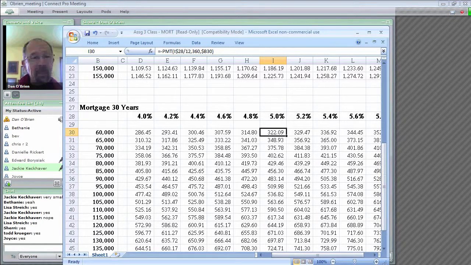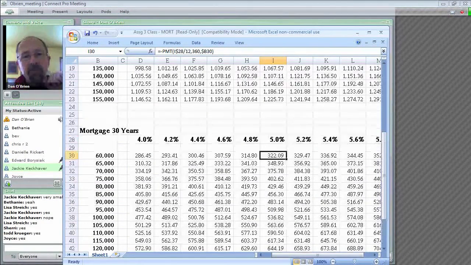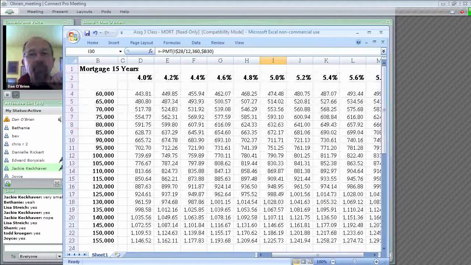And why isn't it double? It's not double because you pay less in interest over the life of the loan. A lot less in interest because you're only paying interest for 15 years instead of 30 years. So you look at it and you go, well, if I do a 30-year mortgage, I pay $322. I do a 15-year mortgage, I pay $474.